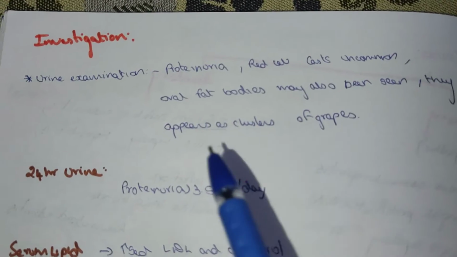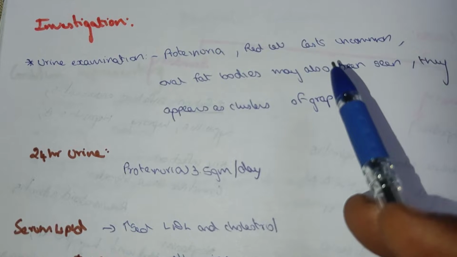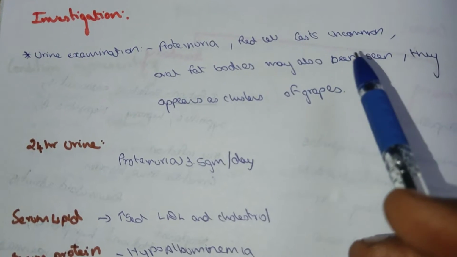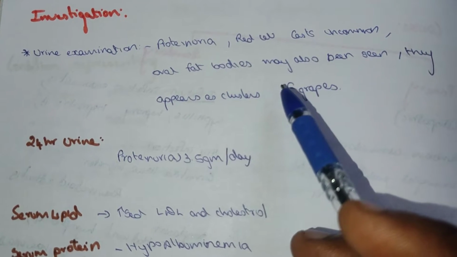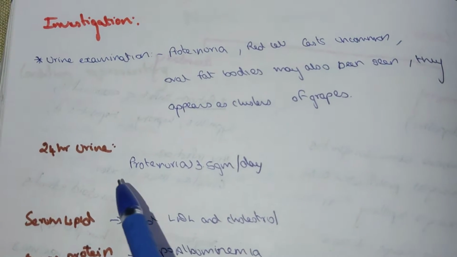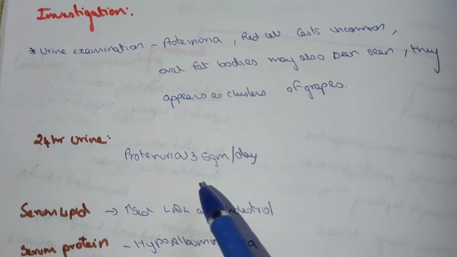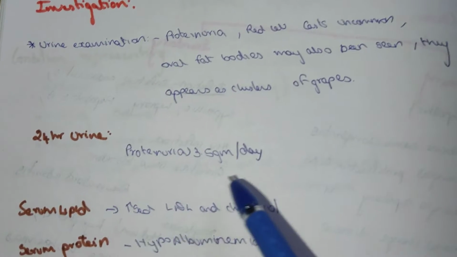Investigations. In urine examination there is proteinuria, red cells are uncommon, and oval fat bodies may also be seen, appearing as clusters of grapes. In 24-hour urine, the proteinuria is 3.5 grams per day.